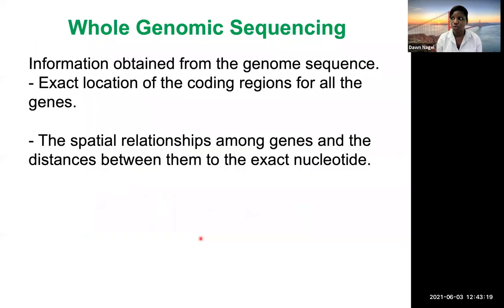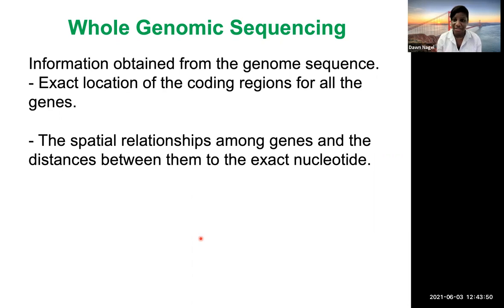The information that you get from these whole genome sequencing approaches is, as I mentioned, the coding regions, the introns, the promoter regions, and the end of that coding sequence. These are all information that you get. You also get whether or not there are mutations within the DNA, right? But in order to do that, of course, you need to compare it to something else that you know.